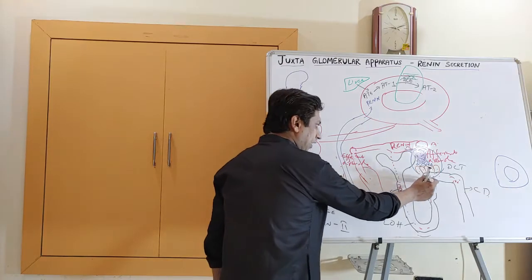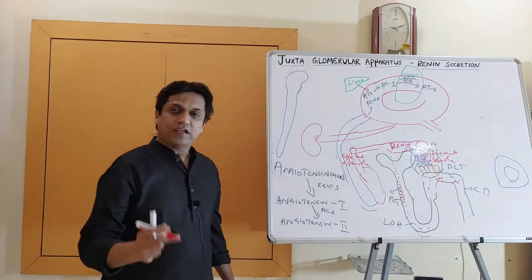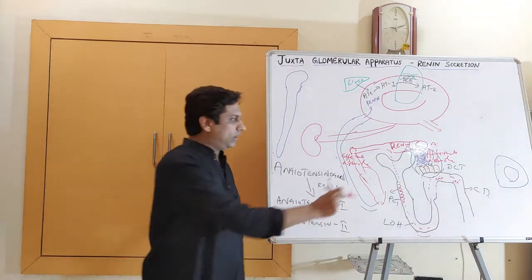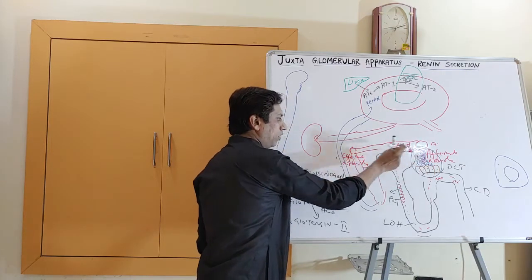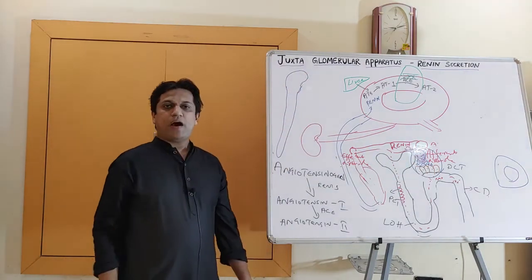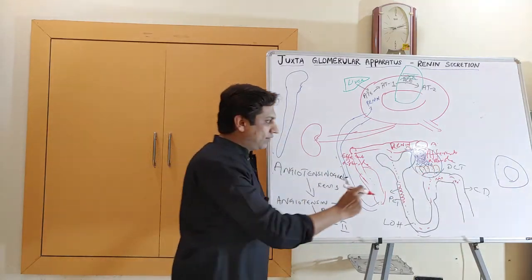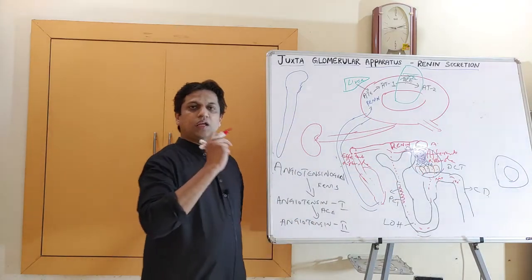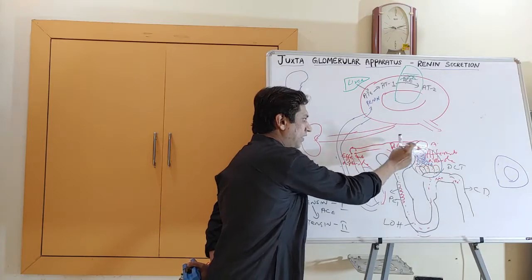This low sodium level in the distal tubule is again sensed by one more structure, the macula densa. If you remember, the macula densa and the juxtaglomerular cells are part of the juxtaglomerular apparatus. The macula densa cells sense the low sodium level in the nephron tubules. This acts as a chemoreceptor, and this acts as a baroreceptor.